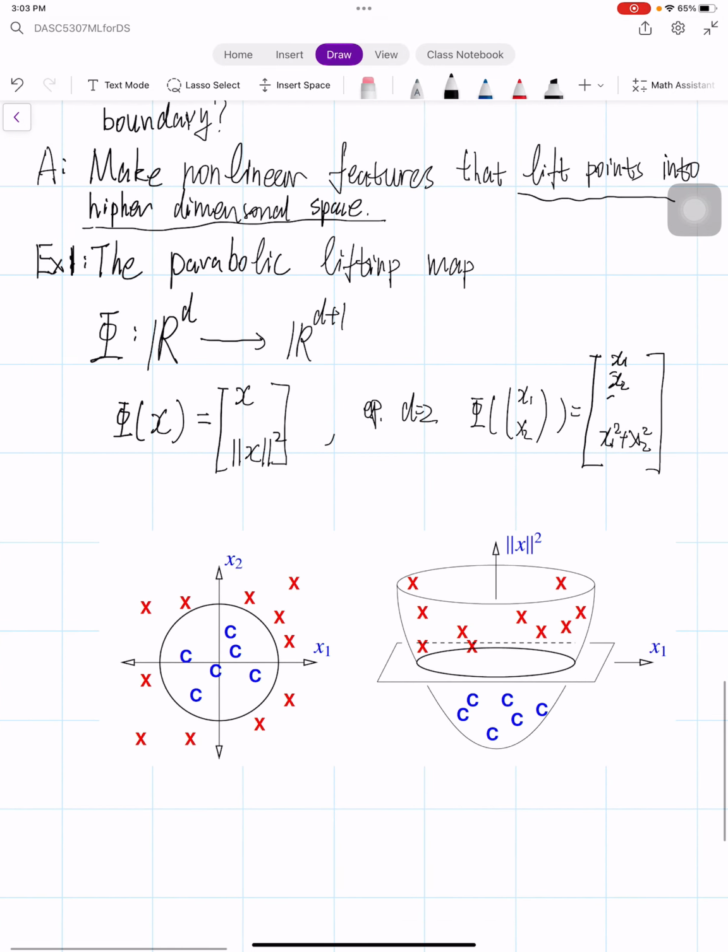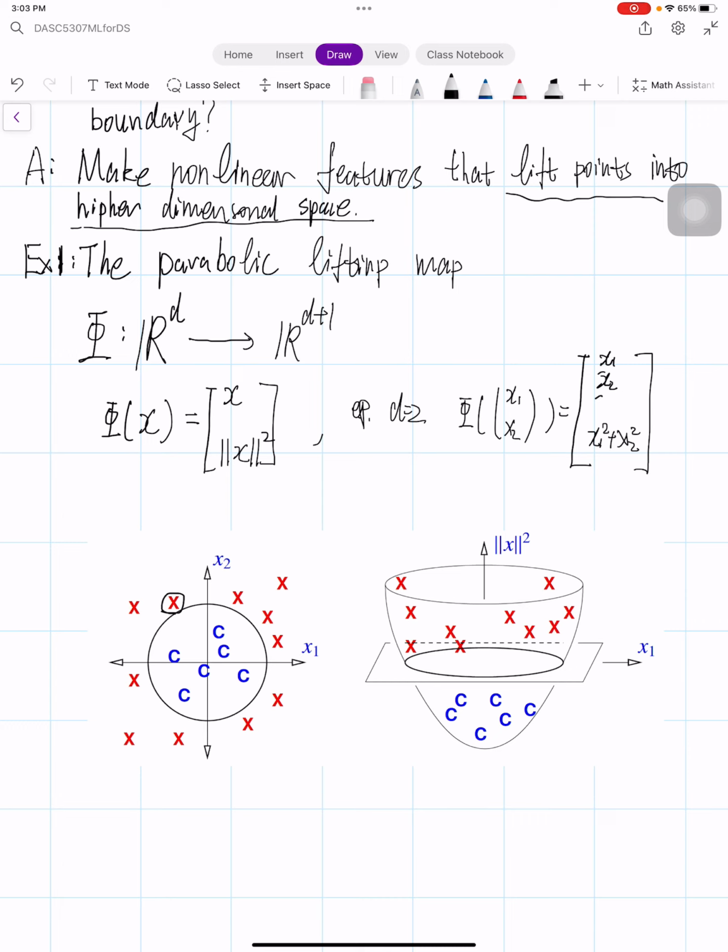For example, here we have the two-dimensional case, and each point has two coordinates, x1, x2. Then we can lift this onto a paraboloid, which means we give the third coordinate to be the length squared. This is called the phi space.